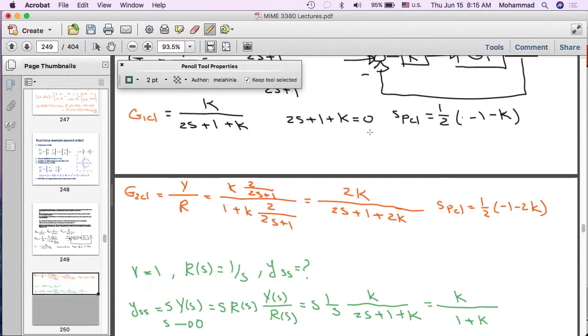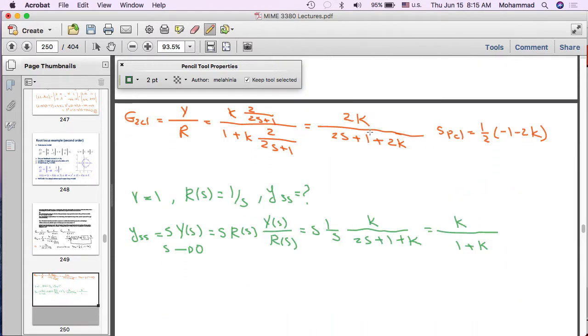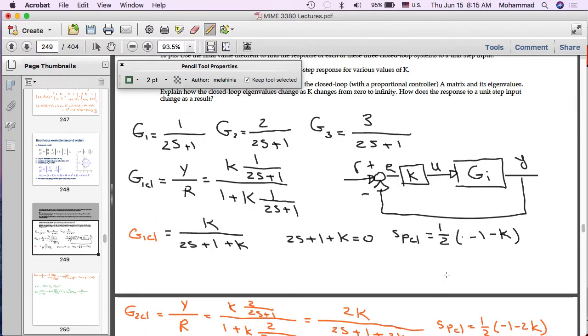Now, as k increases, as k goes to larger values, what you can see is that y steady state gets closer and closer to 1. So it gets closer to the ideal value. Remember, the whole purpose of the control loop is to make sure that y gets as close as possible to r and stays as close as possible to r.